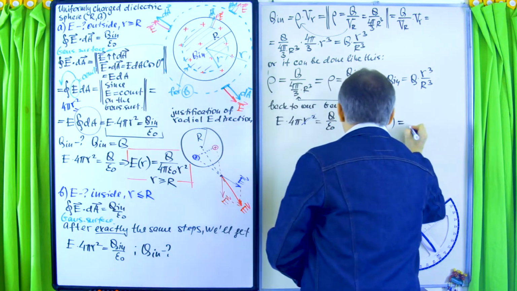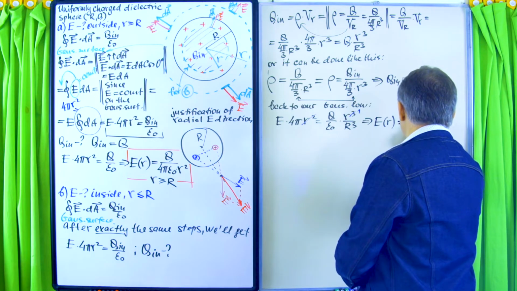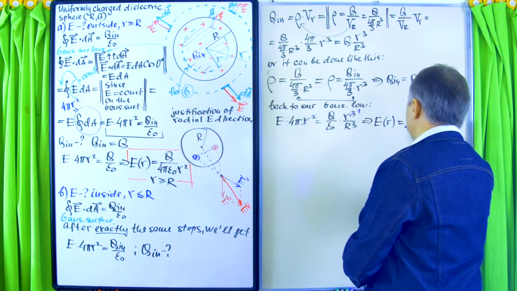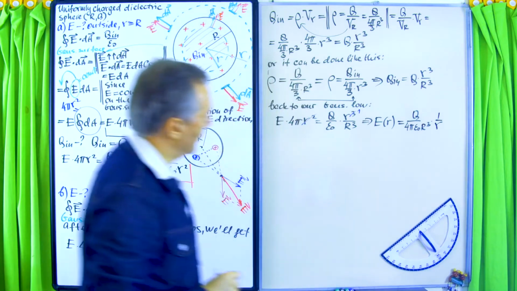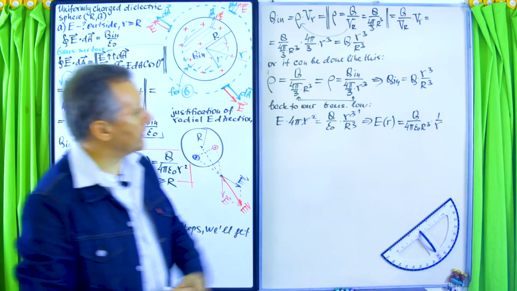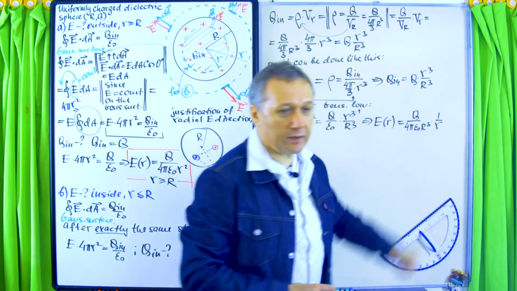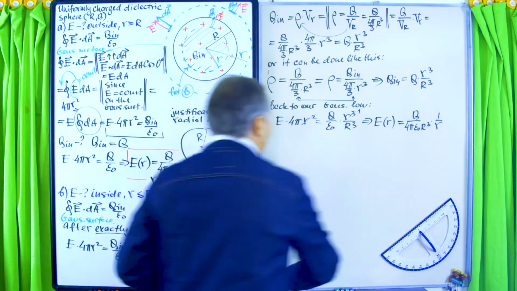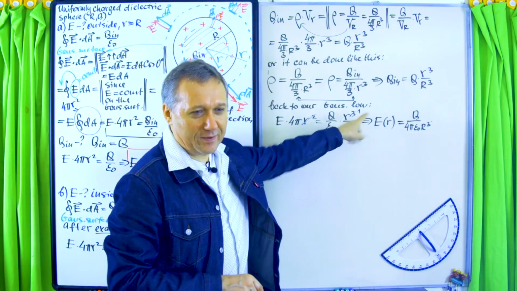So it will be equal to what? Let me first write all the constants: Q divided by 4 pi epsilon naught r capital to the power of 3, and r. I think I didn't forget anything. On purpose, I wrote the constant because all these, Q, 4 pi epsilon naught, r capital to the power of 3, are constant, and the variable is over there. No, I made a mistake. It's in the numerator because here r to the power of 1 is in the numerator.